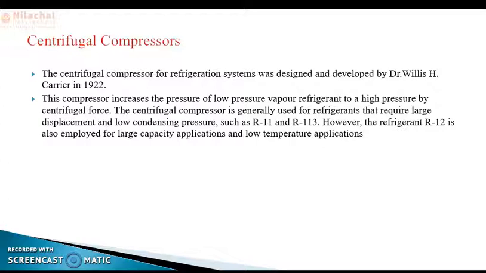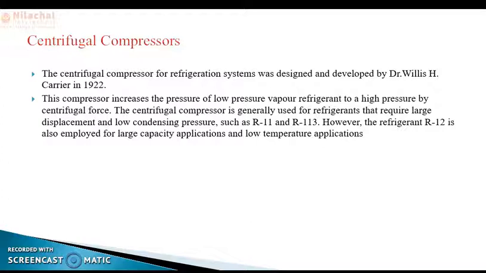That means if you are increasing the kinetic energy, the pressure energy will decrease. If you are increasing the pressure energy, the kinetic energy will decrease. By the help of that principle, we have developed the centrifugal compressor.